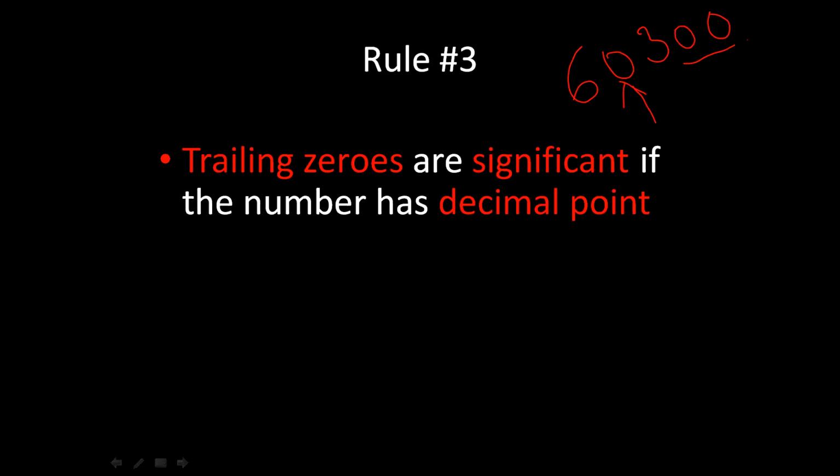Trailing zeros, the rule is they can be considered significant only if the number has a decimal point. Trailing zeros are significant if the number has a decimal point.